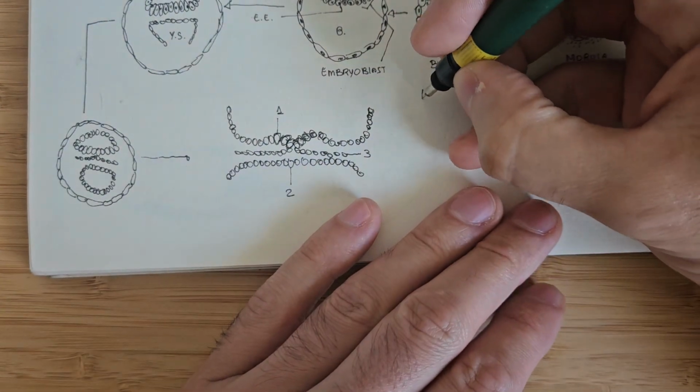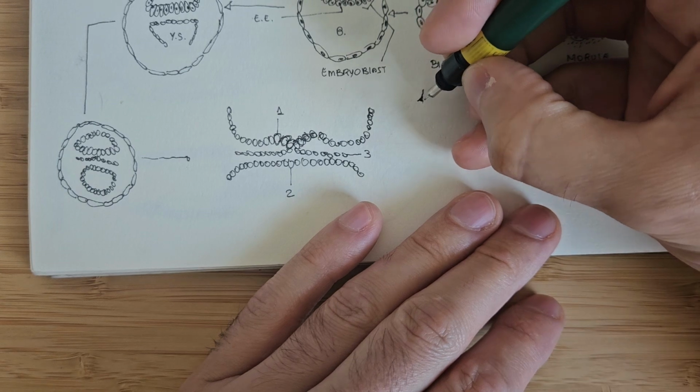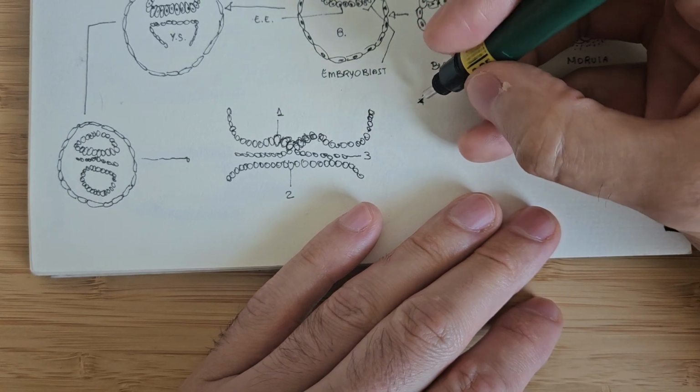The different tissues will be nervous system and skin.